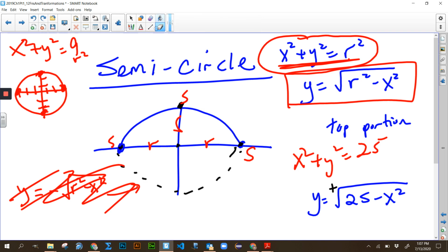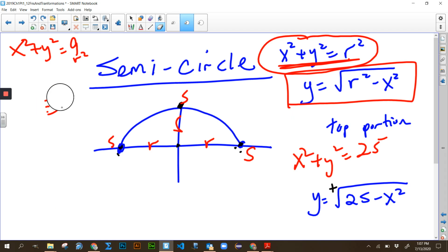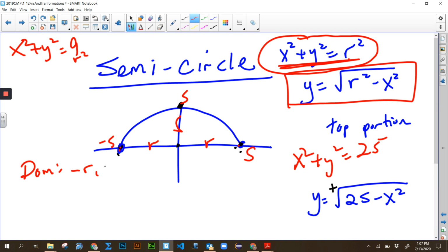Okay. So let's go ahead and identify all our pieces. I'm just going to take this portion off. So our domain would be from, in this scenario, -5 to 5, but we want it for all semicircles. So it's essentially from the negative radius to the radius. And it hits those points, right?